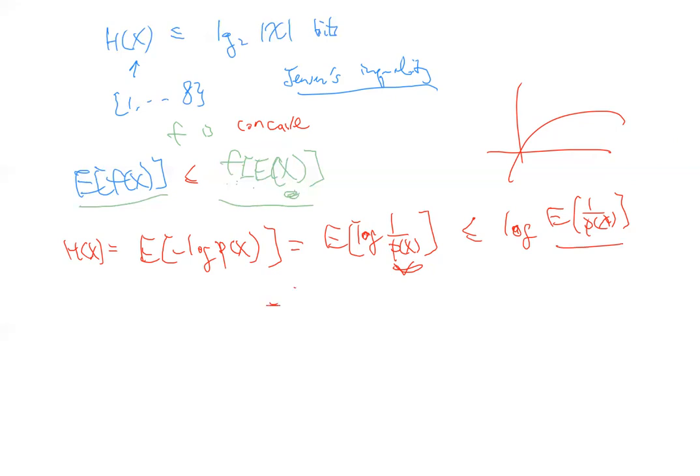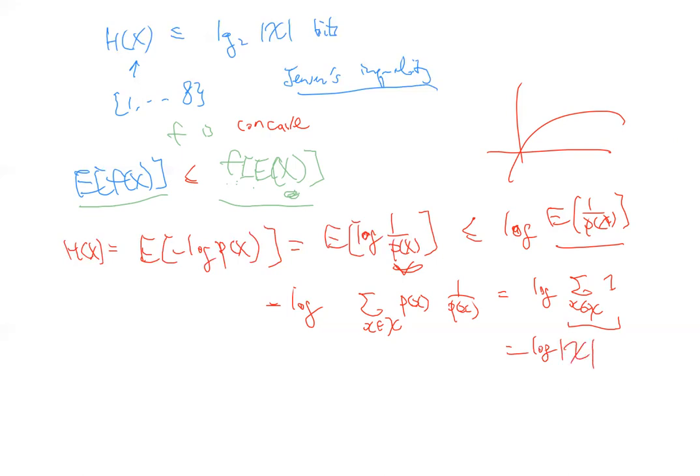It's just log of the sum over x of p(x) times 1 over p(x), and this is a sum over all the outcomes, right? So this will be just equal to log of the sum over x of 1. This is just counting the number of outcomes here. Therefore it's log of the size of X. So we get that upper bound here.